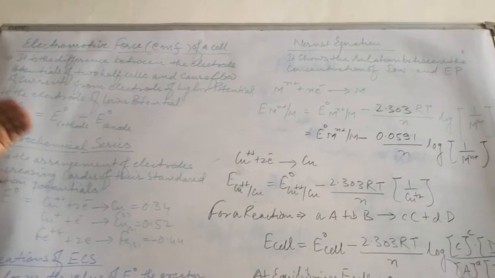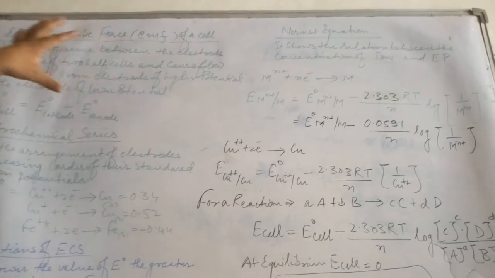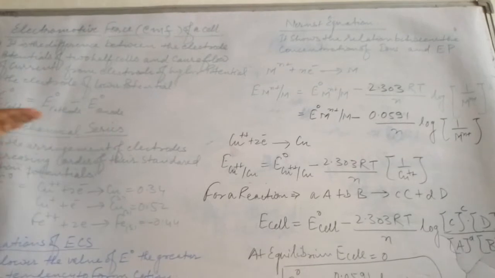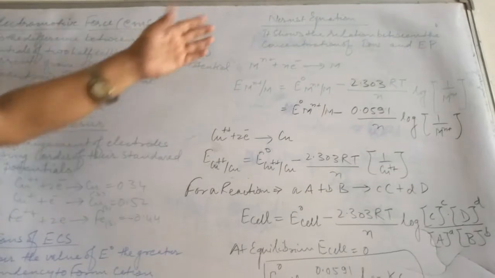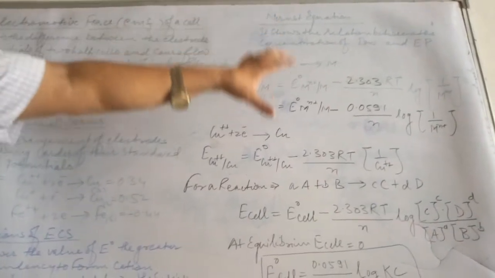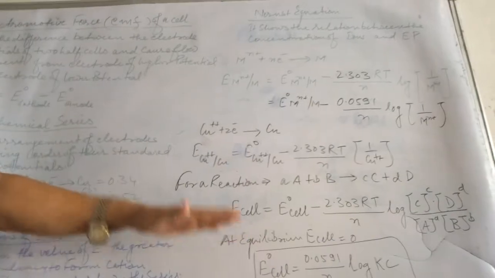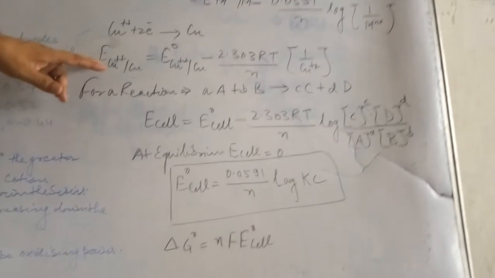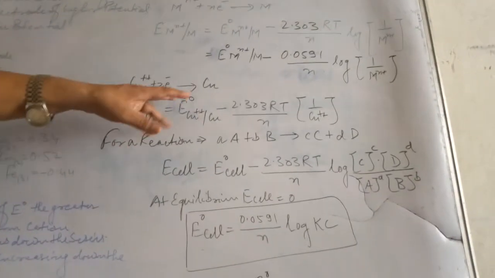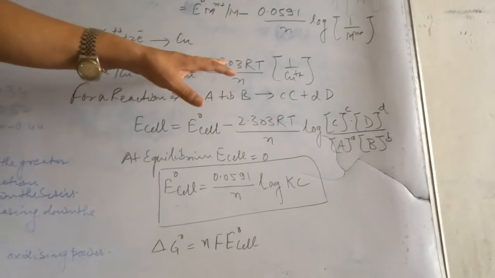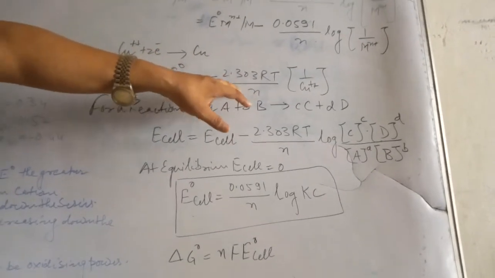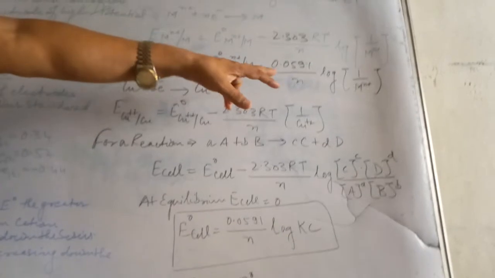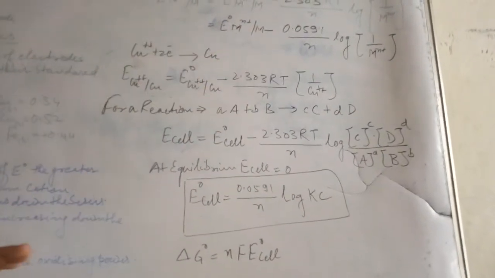In this topic and chapter, I have discussed, children, electromotive force with explanation, the electrochemical series with explanation, and the applications of the electrochemical series. I have also given you the Nernst equation, which has two other formulas. At the very first, you apply this formula: E of the cell equals E naught of the cell minus 2.303 RT upon n, or in place of this value you write 0.0591 upon n, log of the molar concentration of the solution.